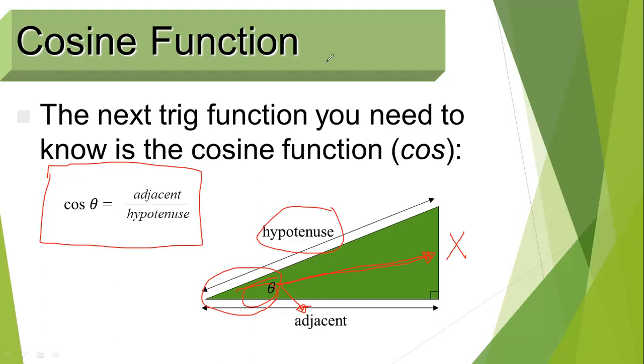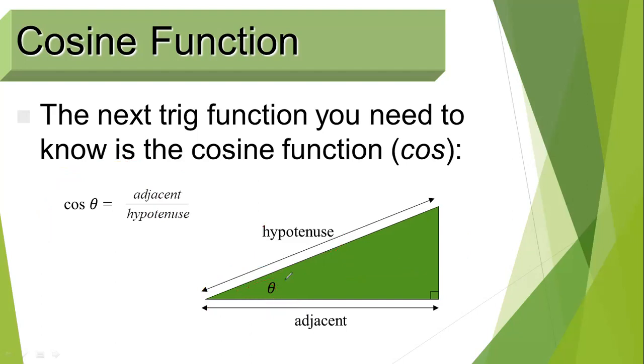So when we get the cosine of the angle theta, we use adjacent over the hypotenuse. That means we do not get the opposite. Again, cosine theta is adjacent over hypotenuse, always.